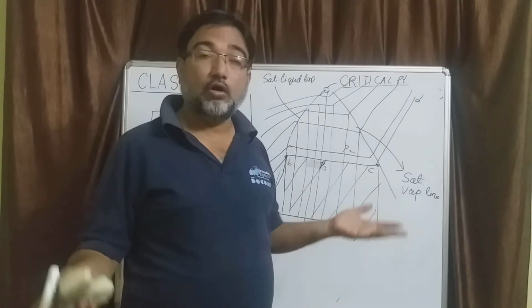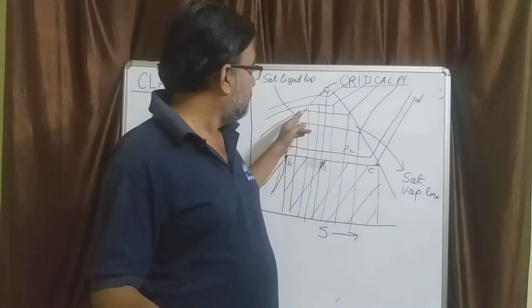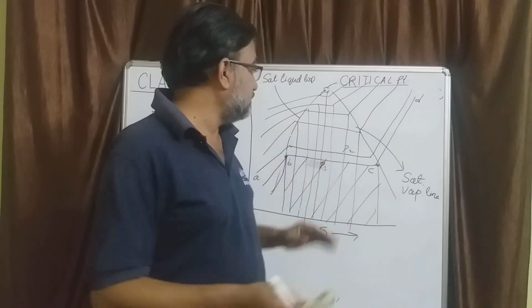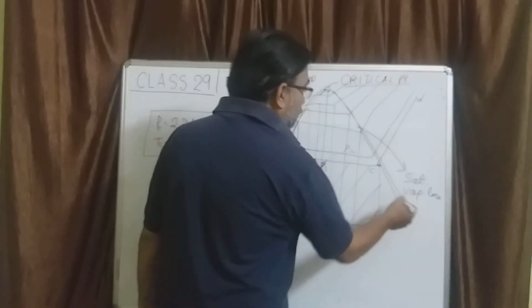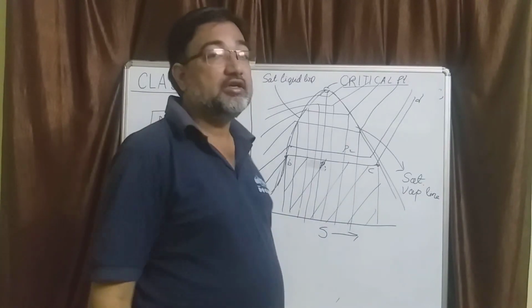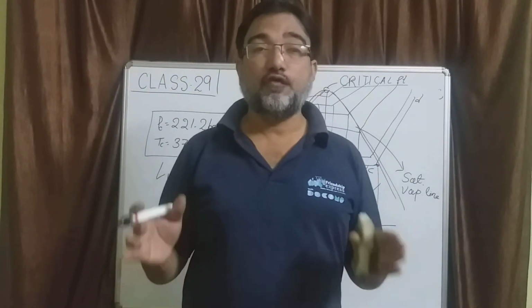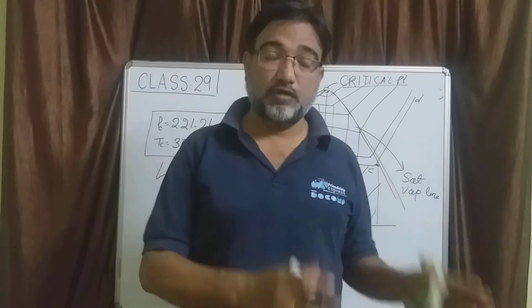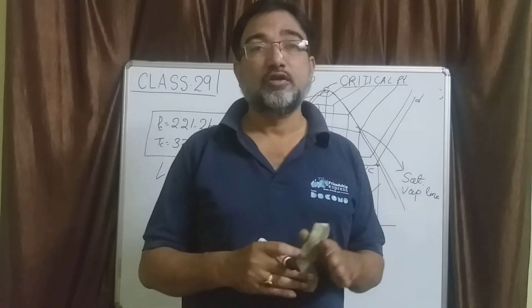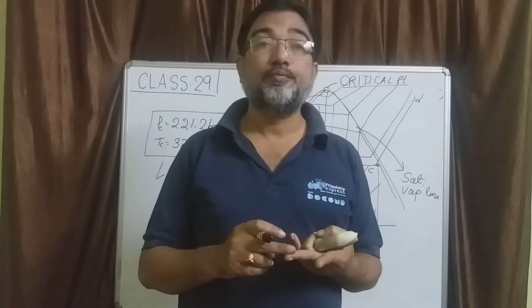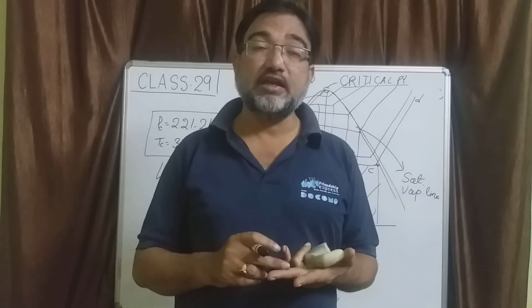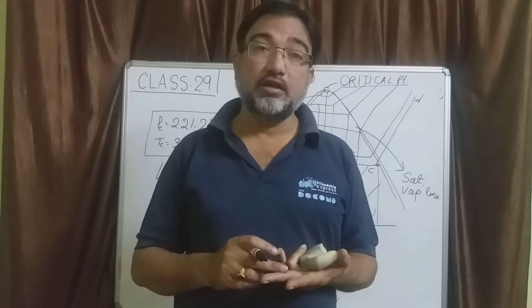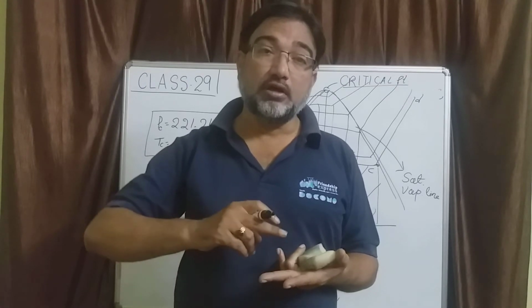Okay. So all the phases, they coexist there. But below that, there is a transition. So this is called the vapor dome, and the dome represents the transition phase from liquid to vapor.